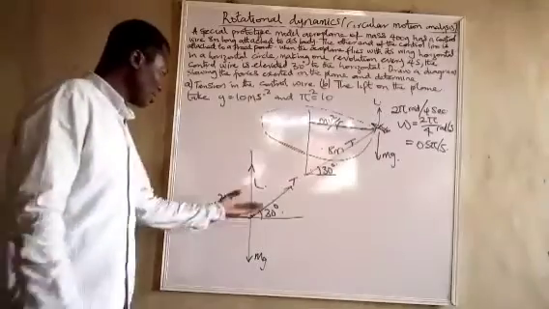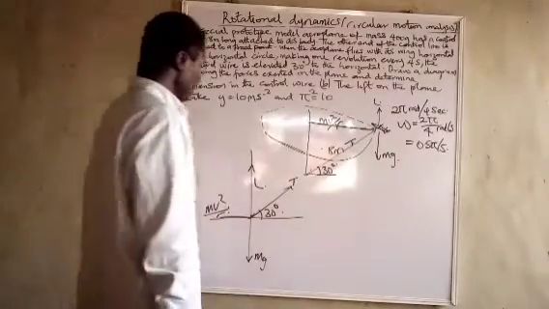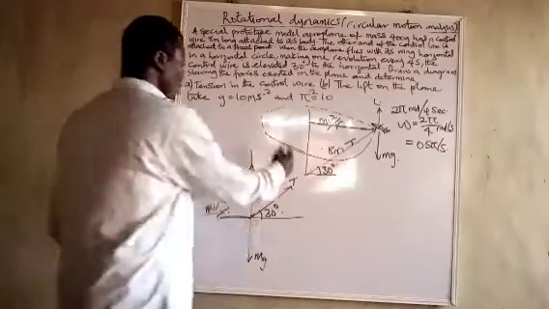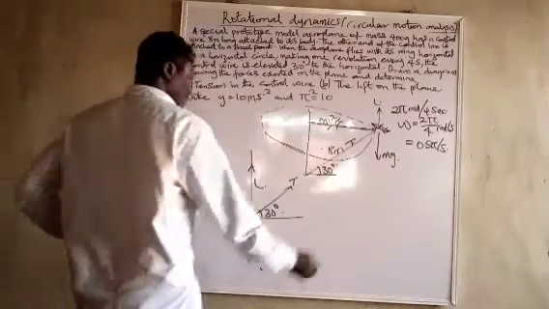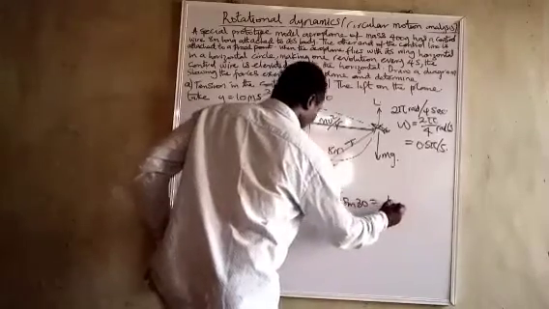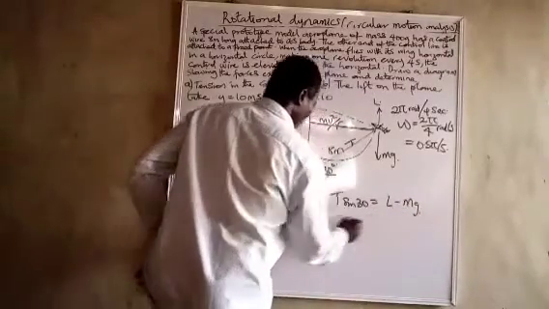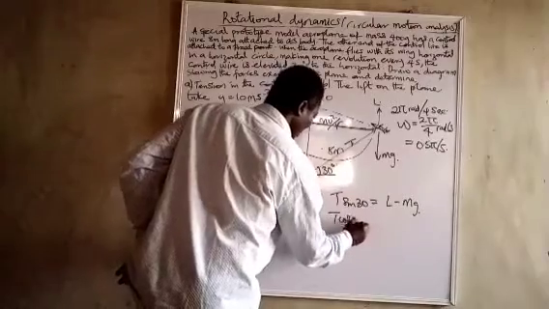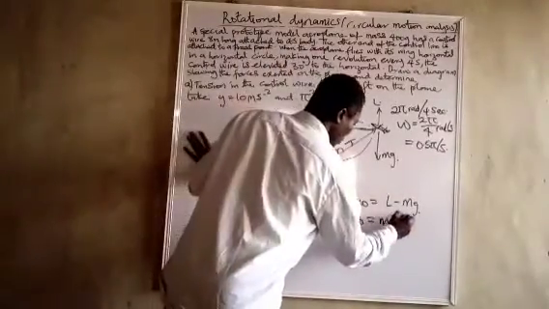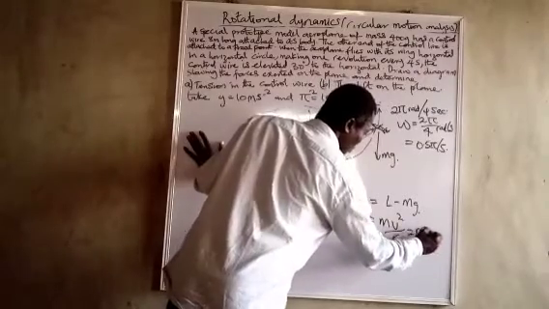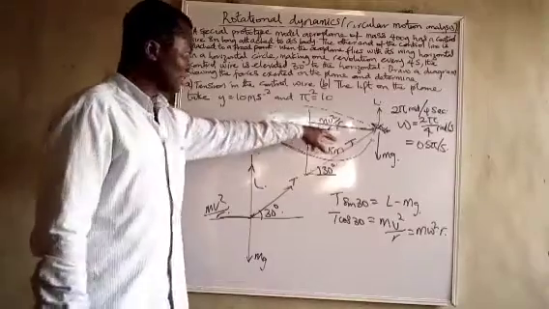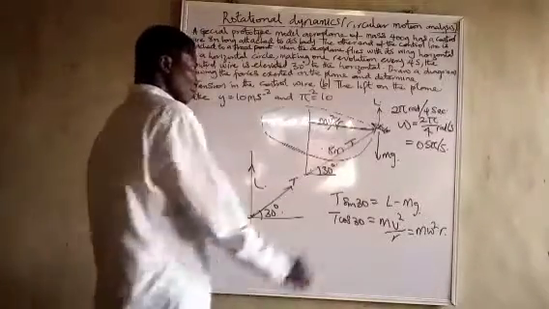As you can see, along the vertical, T sine 30 will be equal to L minus mg, and T cos 30 is equal to mv squared over r, or m omega squared r. Now, the r we are talking about is the r here.